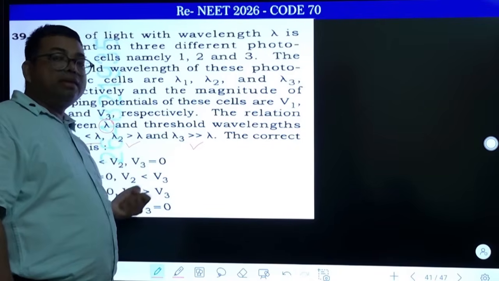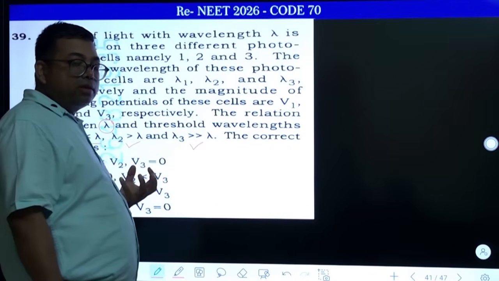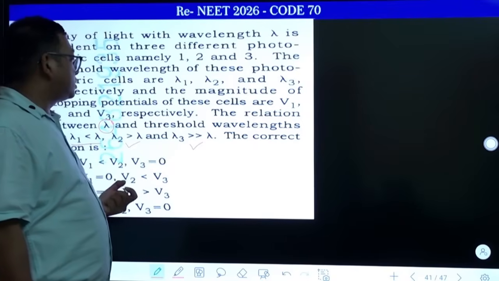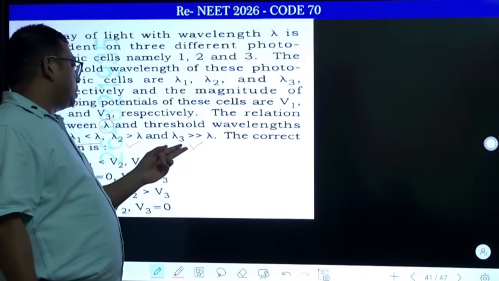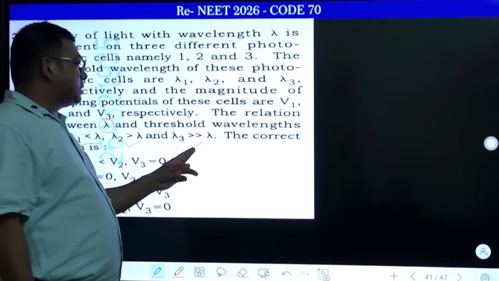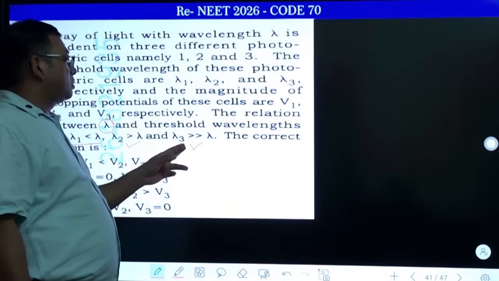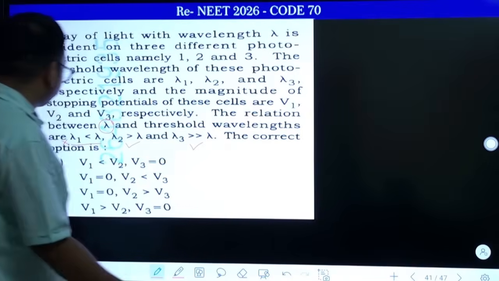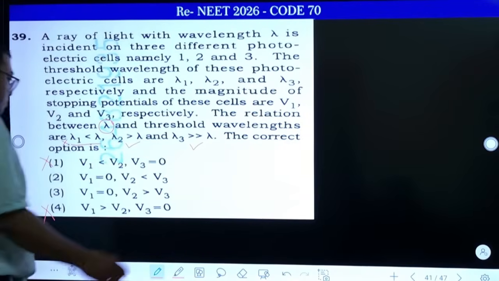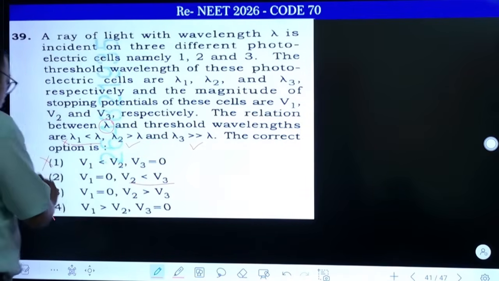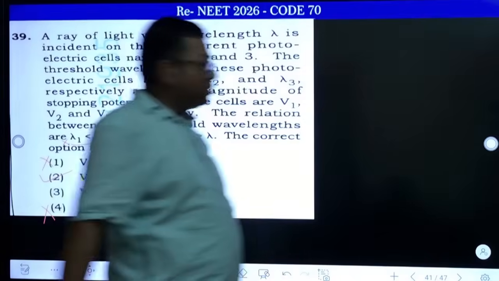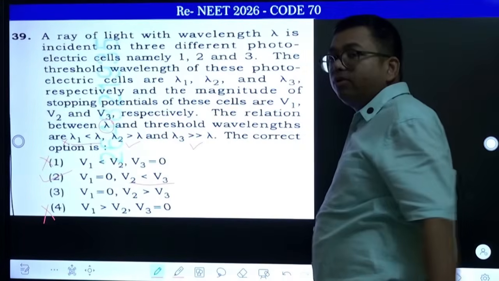The smaller the wavelength, the more the frequency, the more the energy. So in this case, the energy will be much higher. Much higher energy means more voltage. V3 must be larger, definitely larger than V2. So we can go for the second option, right? It is almost like the photoelectric effect.